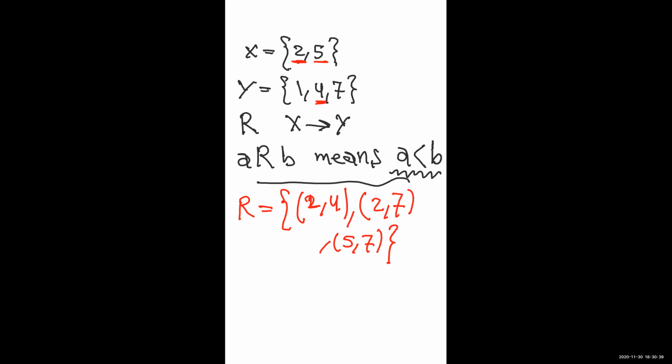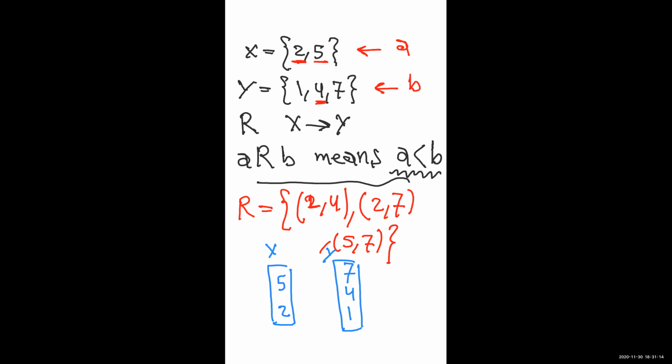Now, how to represent it using an arrow diagram? The set of elements of X is A, and the set of elements of Y is B. It's very easy. This one will be X, and this one will be Y. The elements inside X are 2 and 5, and inside Y are 1, 4 and 7.